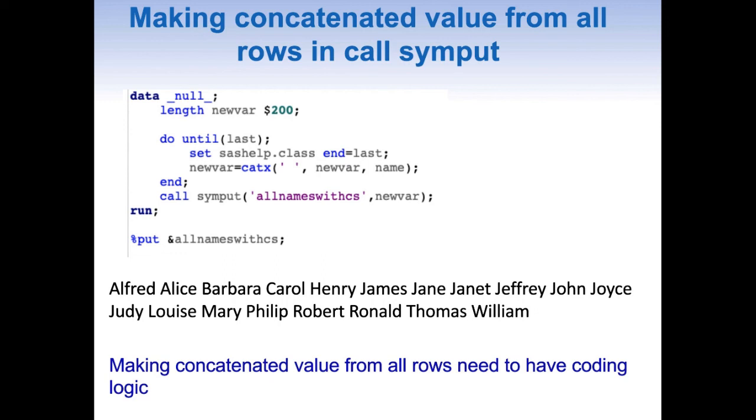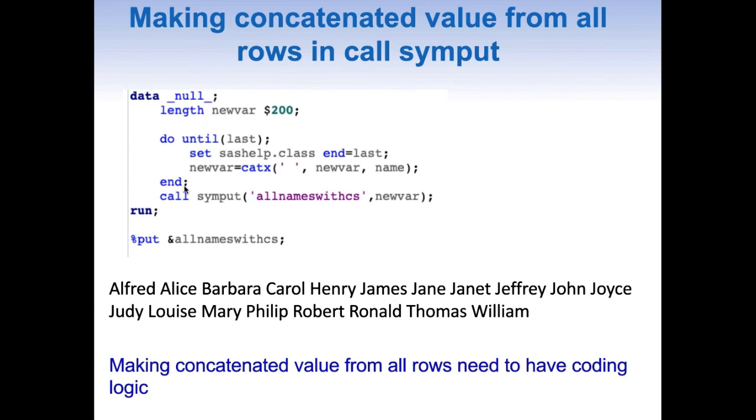Once we get that concatenated value, we can do a call symput or call symputx to get that value into our macro variable. From the length statement to the end, we have that logic wherein we concatenate all the values and put it into a variable, and this variable, which has all the concatenated values, is then used in call symput.